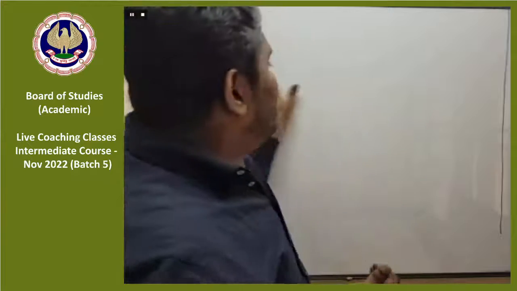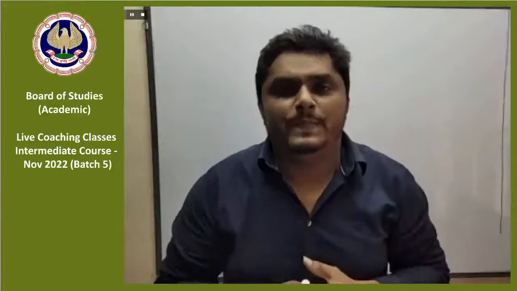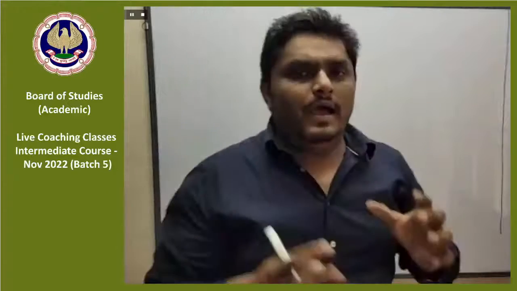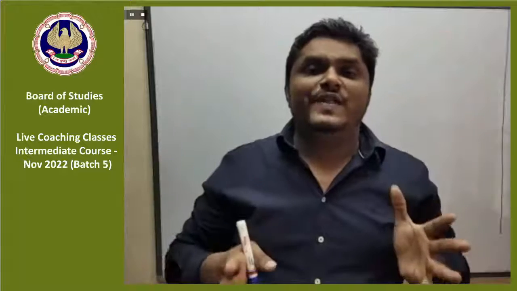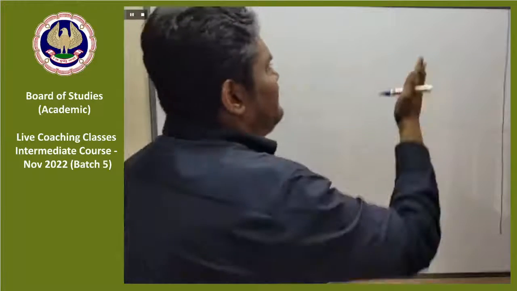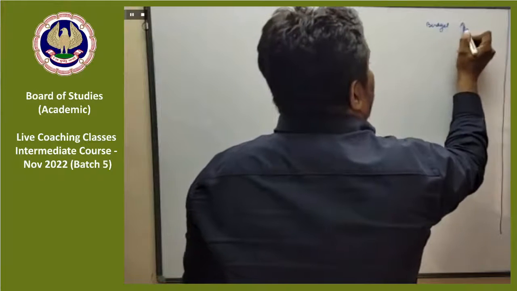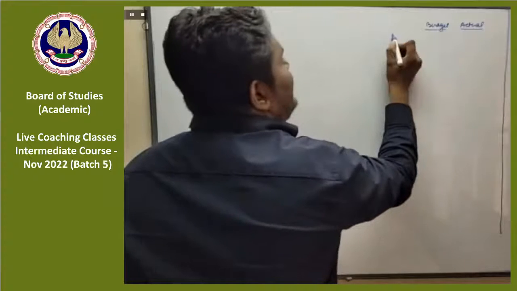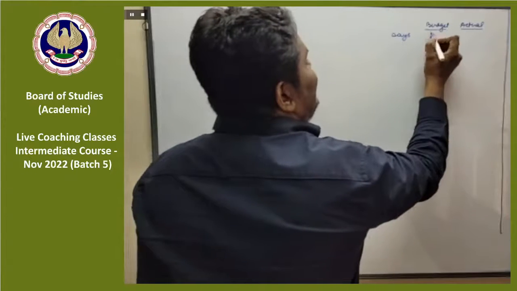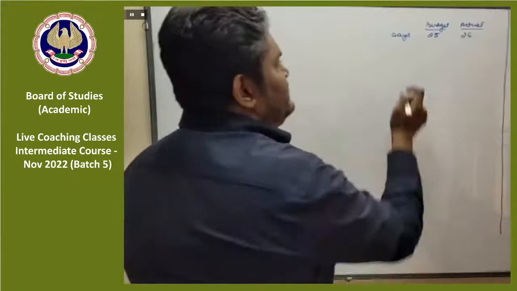So now let's start with fixed overhead variances, the next part of the chapter and the very important part. Now, very important, guys, in most of the cases, the question will be given in a tabular form, that is budget and actual. The days will be given in the question. Let's say my budgeted days are 25 and the actual days are 26.